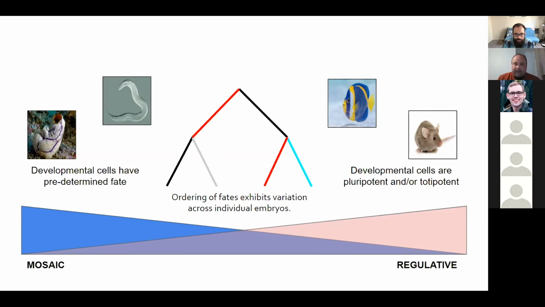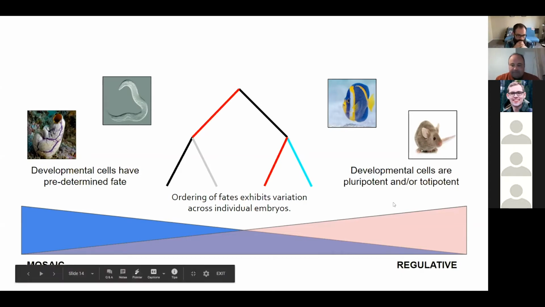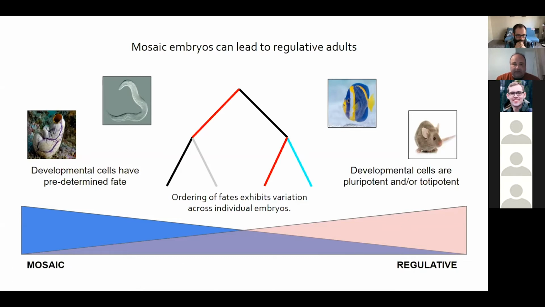People have tried to reconstruct lineage trees in this way using DNA barcoding and things like that, but that's not something I'm going to get into today. Just suffice it to say that most organisms exist along this continuum, and that mosaic embryos can lead to regulative adults. So in C.